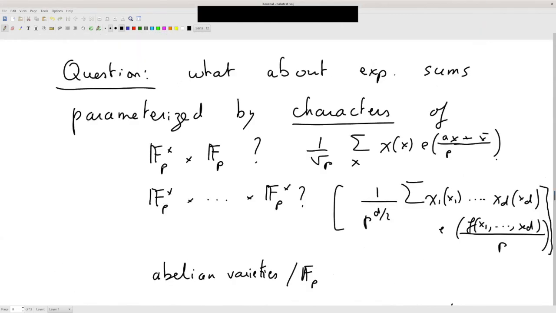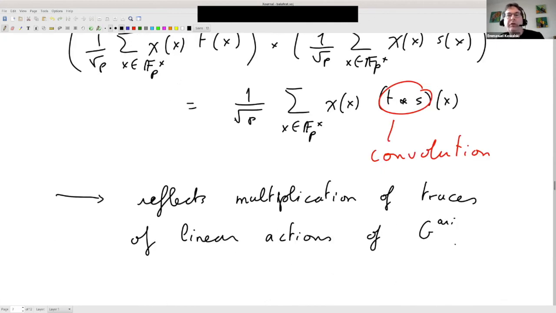So this is not of the same kind. In this case you obtain sums which are naturally parameterized by the characters of the subgroup, if I understand correctly the question. Your variable X is in a subgroup of F star P. Okay, yeah.